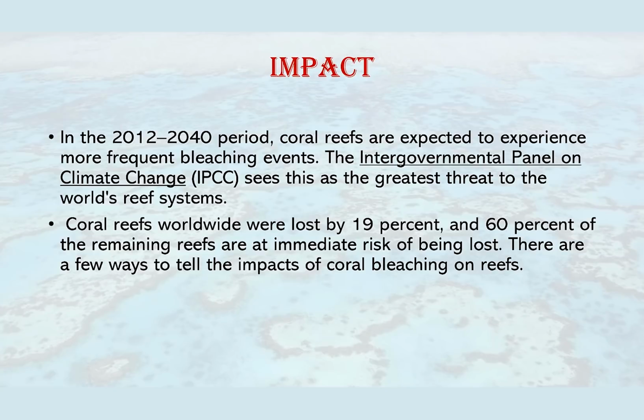So there is great impact of coral bleaching. In 2012 to 2040 period, coral reefs are expected to experience most frequent bleaching events. Even the IPCC, the Intergovernmental Panel on Climatic Change, sees this as the greatest threat to the world's reef system.